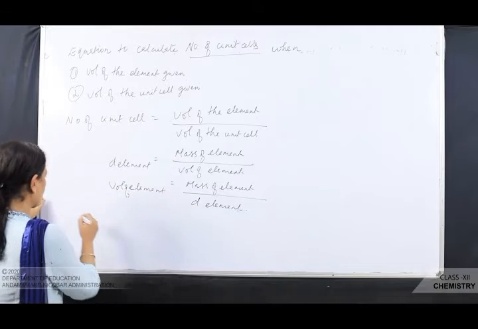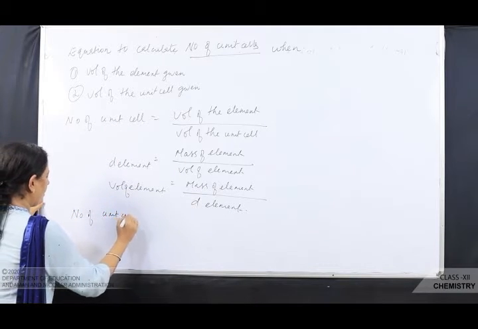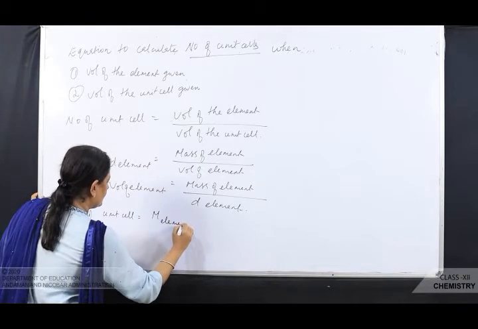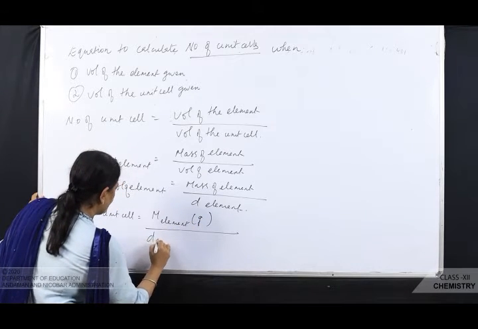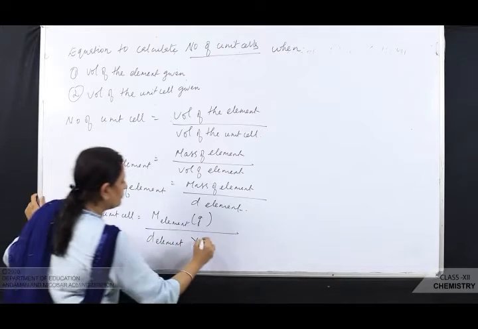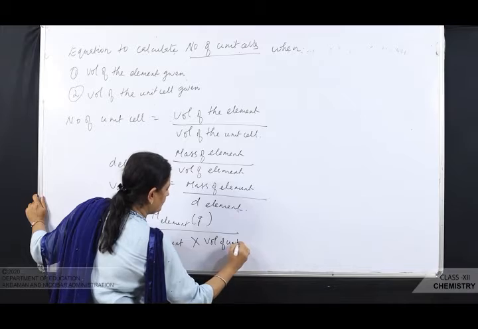So the same equation becomes what? Number of unit cells is equal to mass of element, that should be in grams, divided by density of element into volume of the unit cell.